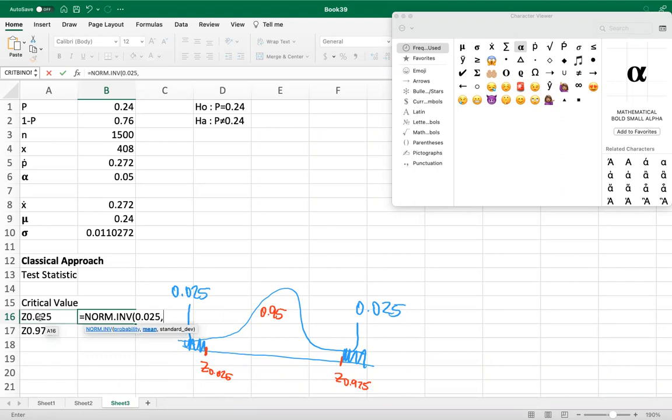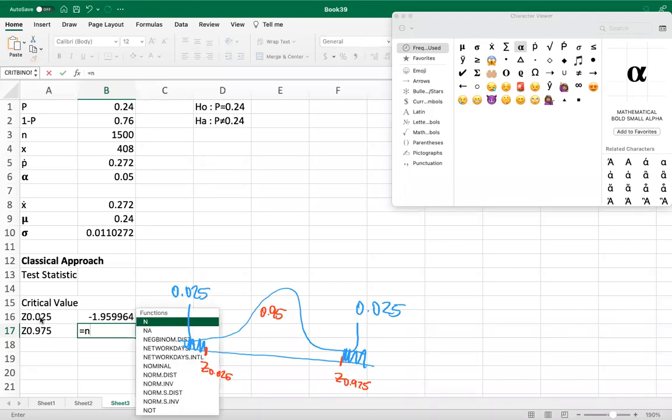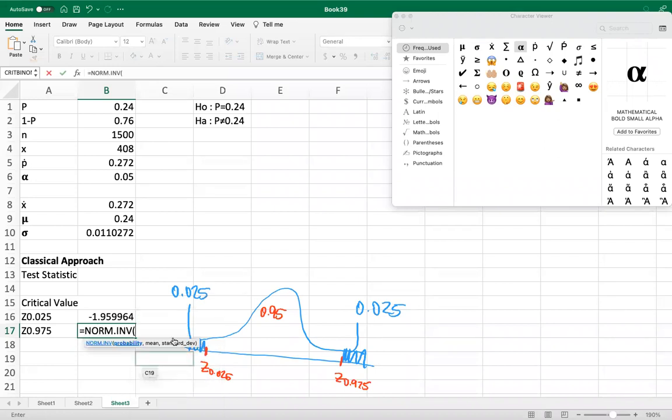The mean, because we're looking at the standard normal distribution, is going to be 0, standard deviation of 1, and enter. That's what we have there. We're going to find the same thing over here for the right side. Again, normal inverse, because we have an area. The area here is 0.975, mean 0, standard deviation 1, hit enter, and that's what these two are.